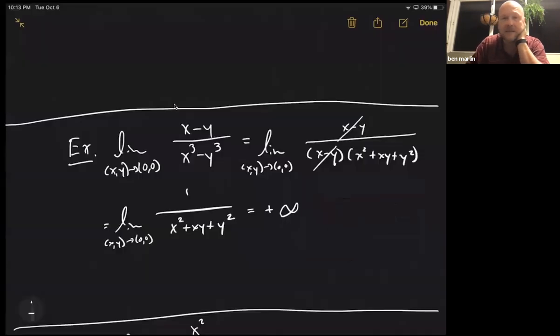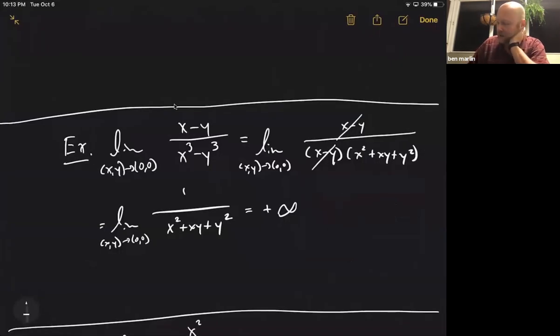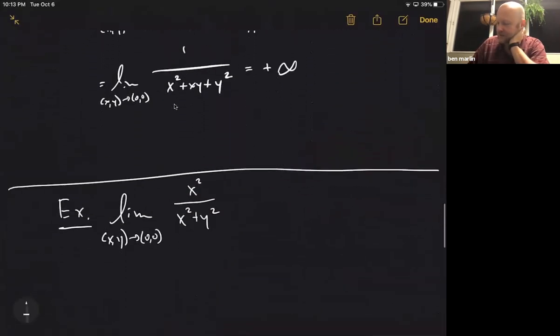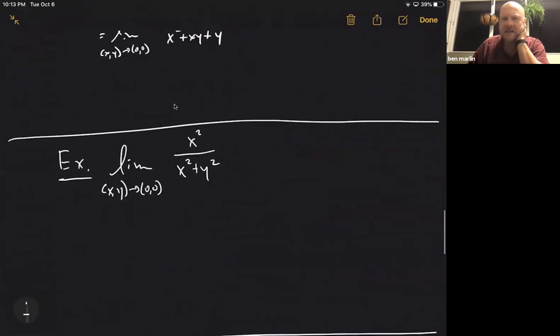So there's a limit that you might see something similar to on your homework, but it's not exactly the same, all right? First of all, if you cancel those two x squareds, I'm going to come shake my finger at you, because you can't do that. It's got to be a factor of the whole top or the whole bottom before you can actually cancel it out.